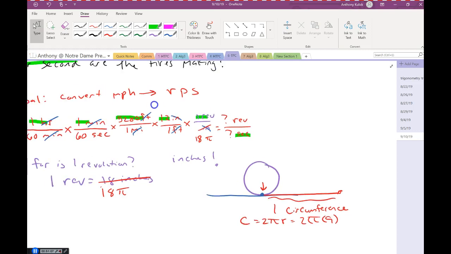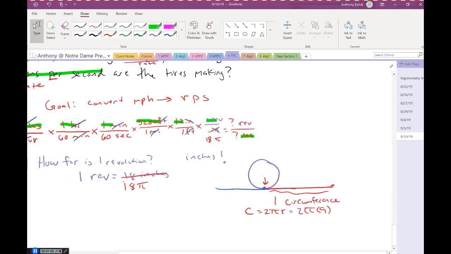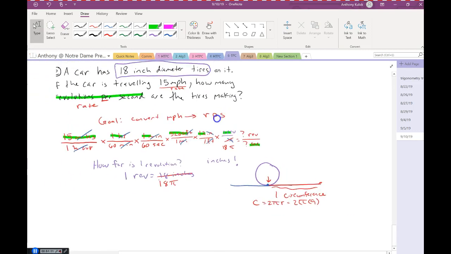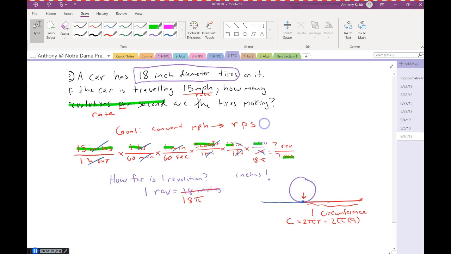Okay. So let's recap again what we tried to do here. We were told a car has 18-inch diameter tires, and it's traveling at 15 miles per hour, and we want to find out how fast in revolutions per second those tires are spinning. Okay?